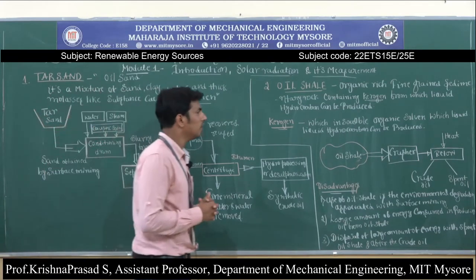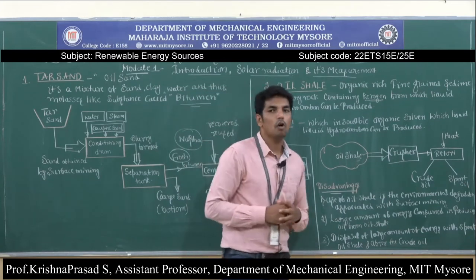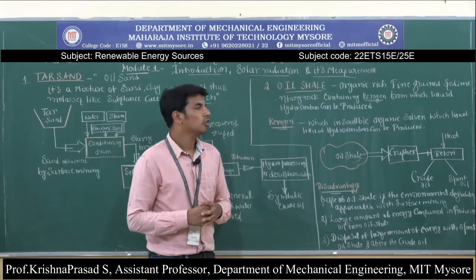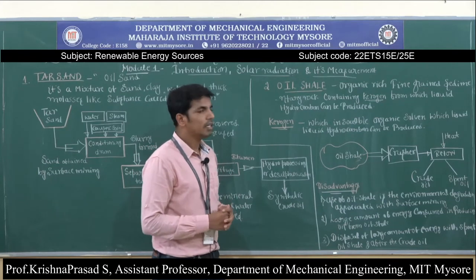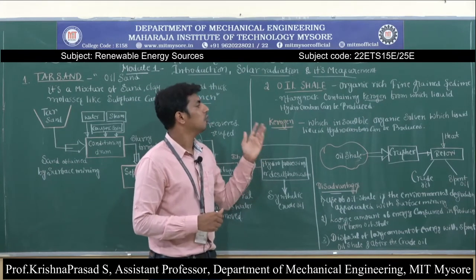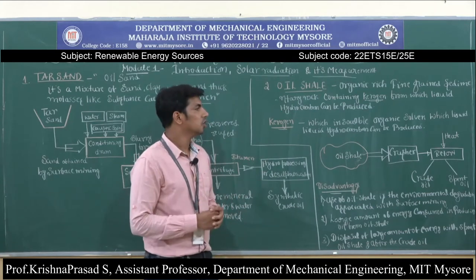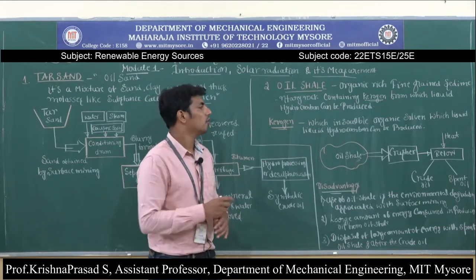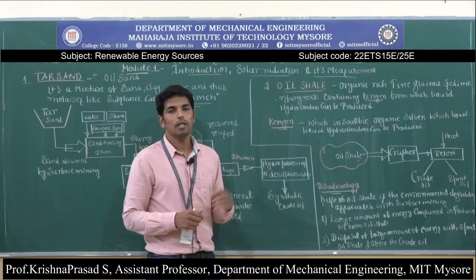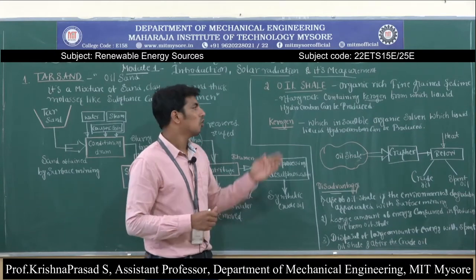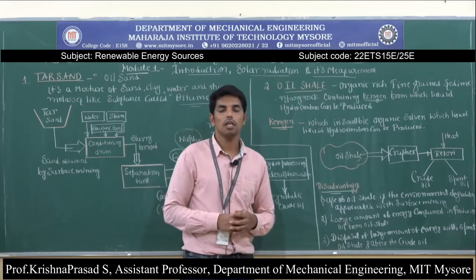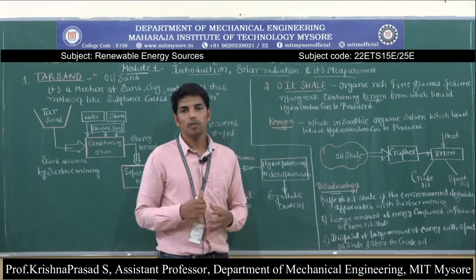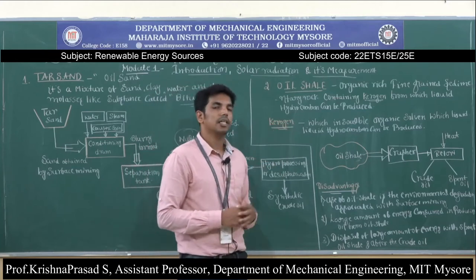Next, a very important one: what is meant by oil shale? The oil shale is an organic-rich, fine-grained sedimentary rock containing kerogen from which liquid hydrocarbon can be produced. I repeat, what is the definition of oil shale? The oil shale is an organic-rich, fine-grained sedimentary rock containing kerogen from which liquid hydrocarbon can be produced.